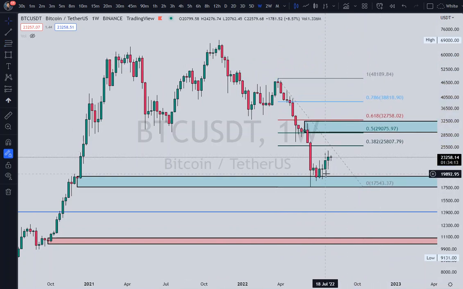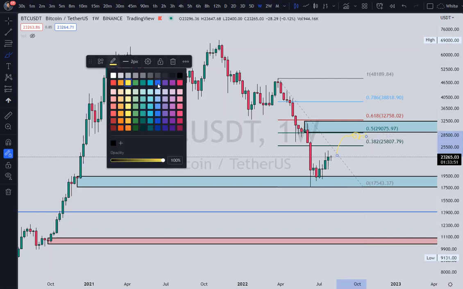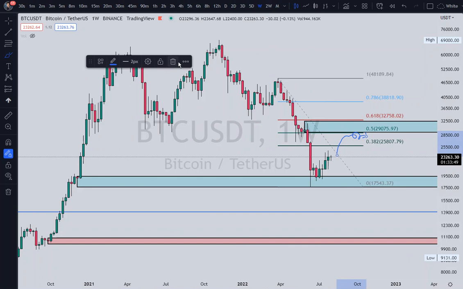Here we are still under the 0.382 Fibonacci level. We have the chance to see the price go up until it reaches somewhere here, and then we can see what will happen at this price level.